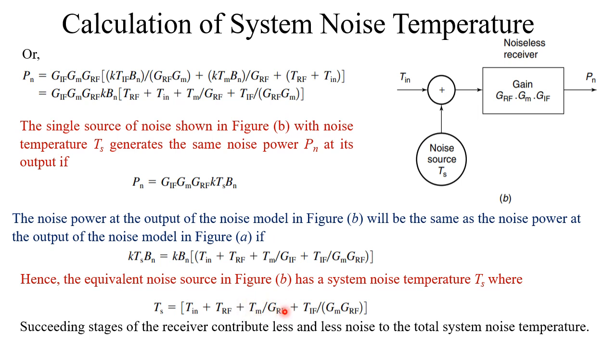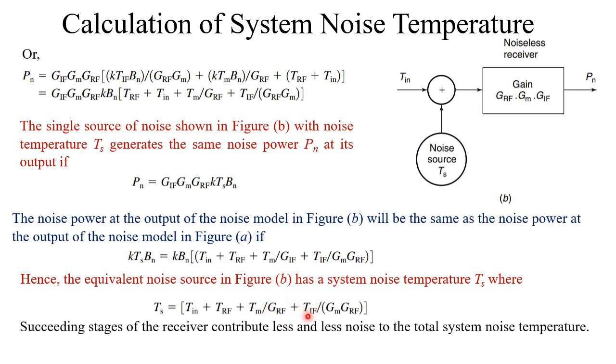So if GRF, instead of 10, we take GRF as 100 or 1000, then the corresponding contribution Tm by 10 will be Tm by 100 or Tm by 1000. So the contribution of this term will be much lesser if we can increase the value of GRF, right?